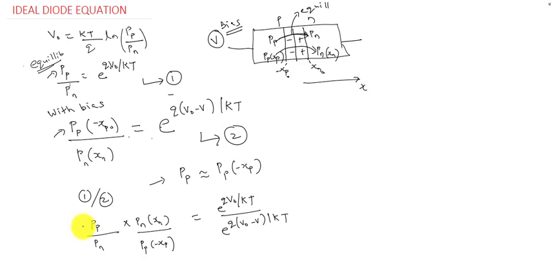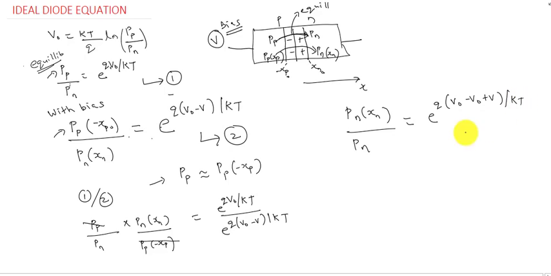Since Pp, the majority carrier concentration under equilibrium value and bias value are the same, we can cancel those terms and we can write Pn of Xn by Pn equal to, then e raised to x by e raised to y means e raised to x minus y. So on subtracting, e raised to q into (V0 minus V0 plus V), minus minus will become plus V, the whole divided by kT.